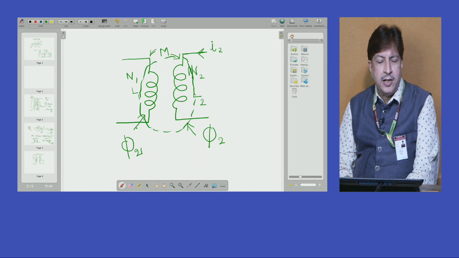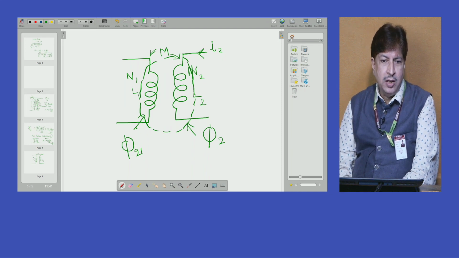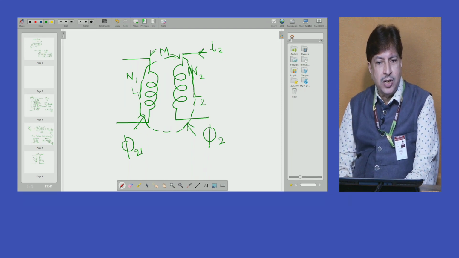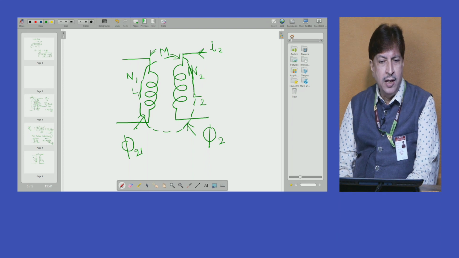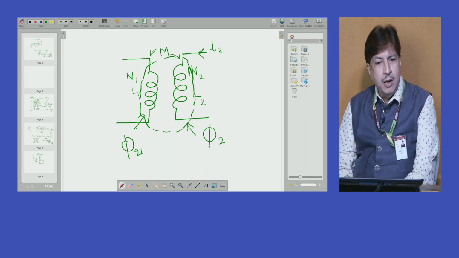If you recollect the previous discussion, I used phi 1 2 because phi 1 is the main flux developed around coil number 1, and the second suffix 2 represents the second coil where the mutual EMF is induced.